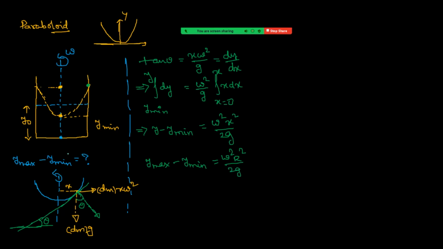See carefully. When x equal to r, what is the y coordinate corresponding to the liquid? It is maximum. That's why it is y maximum minus y minimum equal to omega square r square by 2g. Let us now make the calculation for this.